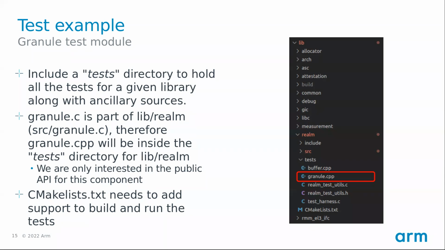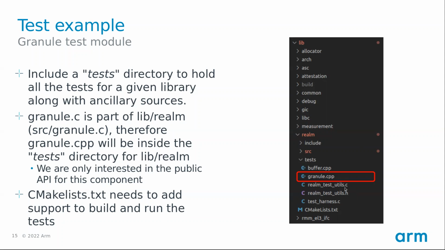So for that, we create a directory called test. This is where we are going to store all our unit tests and any ancillary files that we need for the test. In this case, we have Granule CPP, which is where the unit tests are going to live. CPP utest uses C++, so the unit tests have to be written in C++.